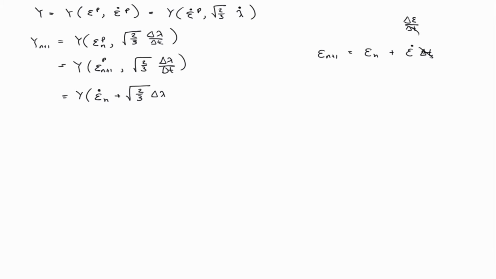But of course, these are all plastic strains. The delta epsilon p is equal to square root of 2/3 delta lambda. So the equivalent plastic strain rate is still there. Now I have my whole yield surface as a function of things I know and delta lambda, which I solve for, right?